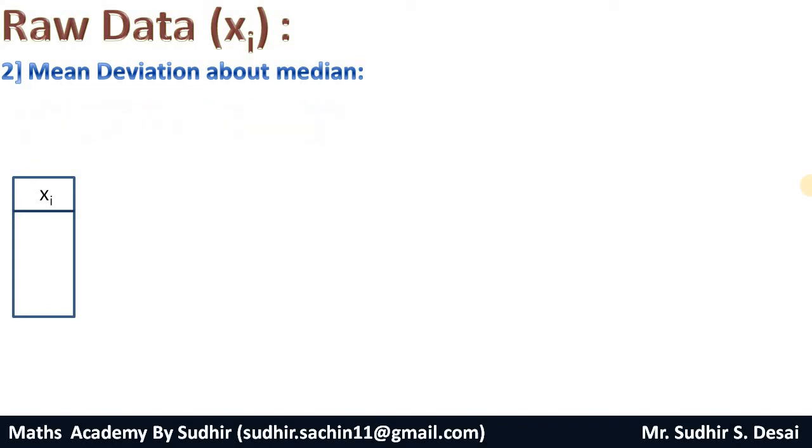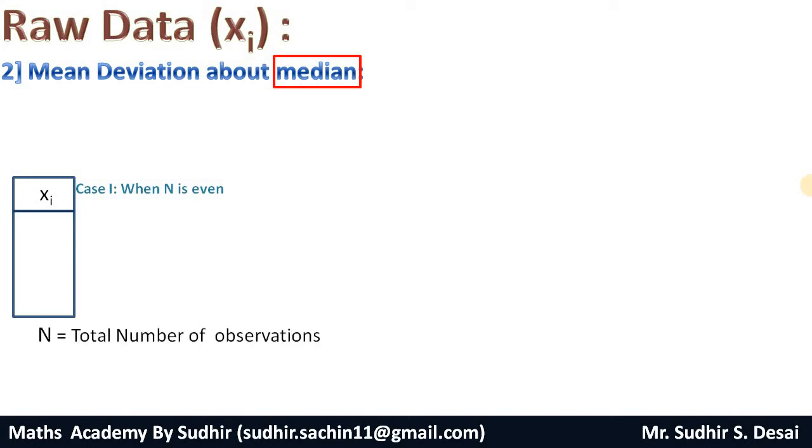Now here we have to calculate the median. Now how to find the median when observations are given? There are two cases. Case 1, when n is even, where n is nothing but the total number of observations. So suppose n is even, that means 2, 4, 6, 8 and so on.